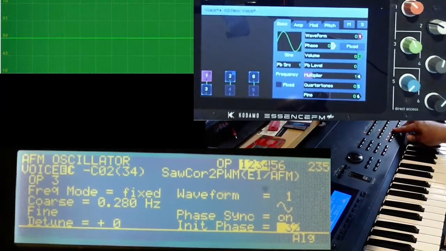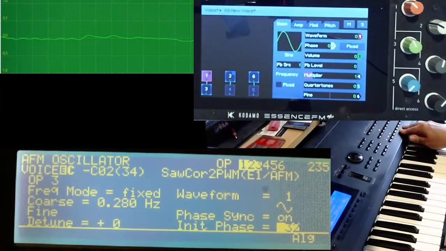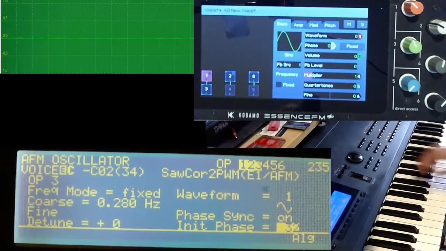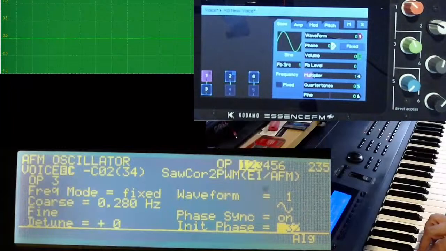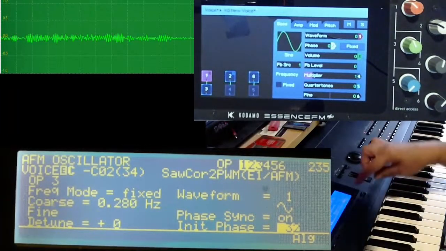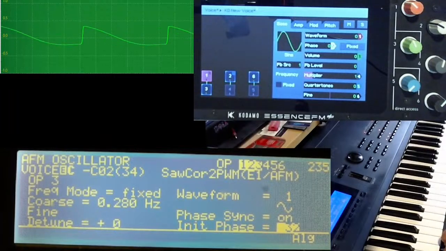So let's again turn this off. Now I have it patched to the modulation wheel, the output level of operator 3 here. So when I bring it in, it's going to basically start phase shifting as an LFO on operator 2. So the stuff I showed you when I was dialing it in manually, it's going to do that continuously. Now, of course, you can't see this because it's not up against a reference.